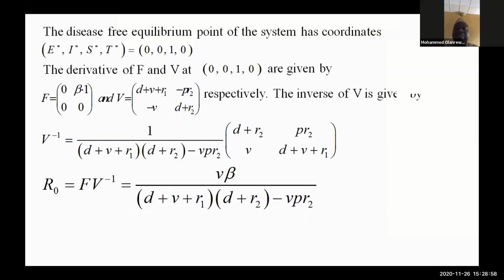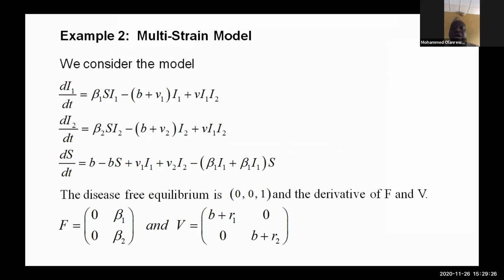The disease-free equilibrium point of the system has coordinates E asterisk, I asterisk, S asterisk, and T asterisk for tuberculosis. These are the two distinct compartments, the exposed and the infected class. So we have 0, 0, 1, 0. The derivatives of F and V at that point are given as that, and then R naught is given as the spectral radius of what we have there.